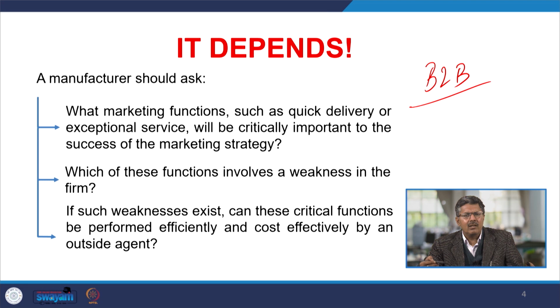So, here the marketer knows that the customer is a very rational customer, and he needs to understand, and has to be explained very clearly about the product. So, in that case, does the manufacturer or the service provider have that ability? If it does not have the ability, it is better to go for an outside agent. So, in that case, an intermediary becomes a very critical partner in the whole show.